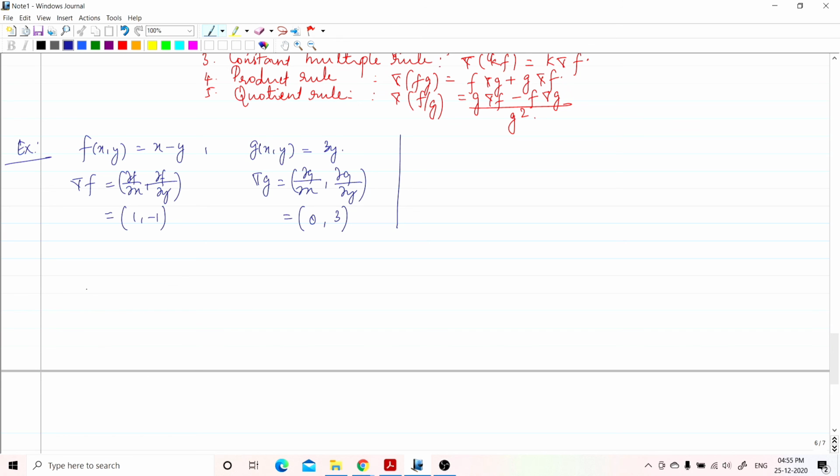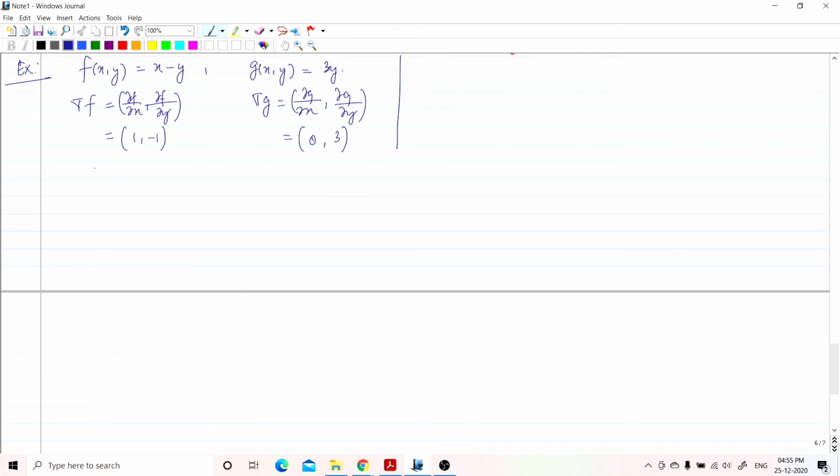The same ideology can be extended to functions of 3 variables as well. So that is the last ideology of these directional derivatives.